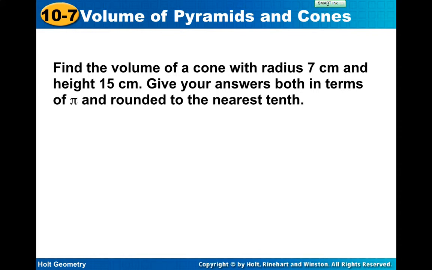Pi times 7 squared times 15 divided by 3. I guess if you keep it in terms of pi, don't hit the pi button yet. Seven squared times 15 divided by 3. Then times pi to finish it out.